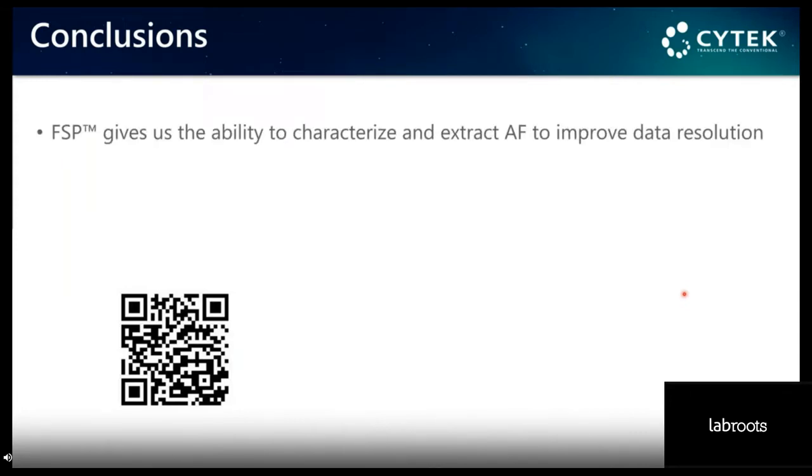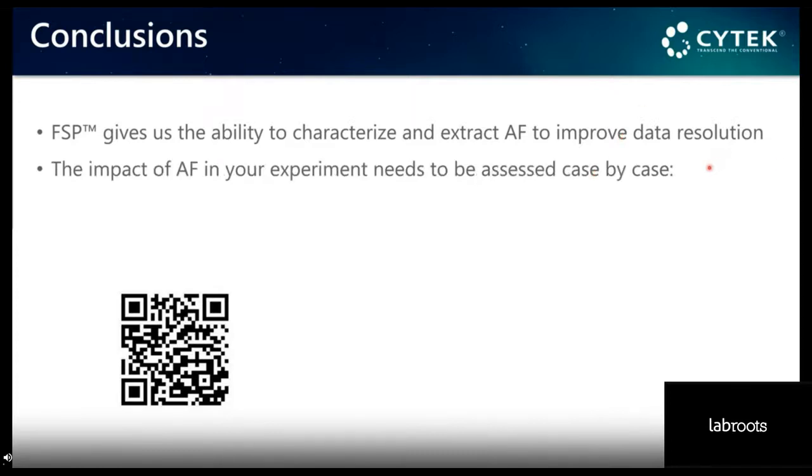To conclude, full spectrum profiling gives us the ability to characterize and extract autofluorescence if needed in order to improve the resolution in your data. We have seen how the impact of the autofluorescence is going to be different based on what cells you have, how they are treated, and what are the staining protocol.